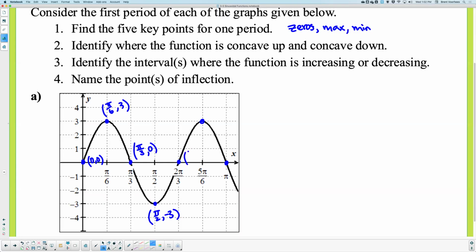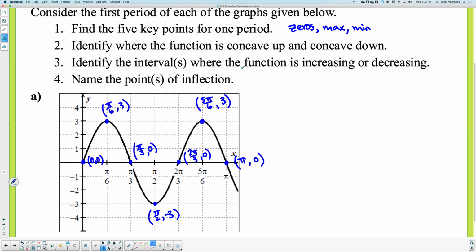This one. 2 pi over 3, comma 0 here. 5 pi over 6, comma 3. And finally, pi, comma 0. Those are the key points that are shown here.